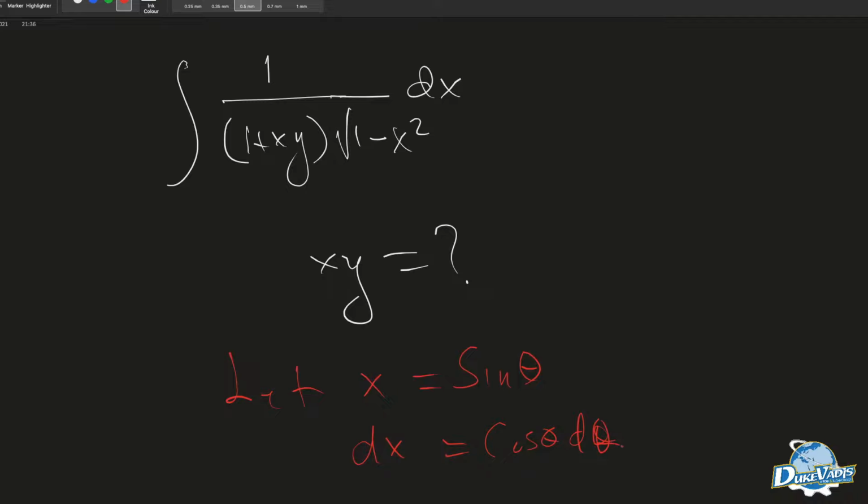Well, if this changes, meaning the limit, the limit that we were given in the question was 1 to 0.